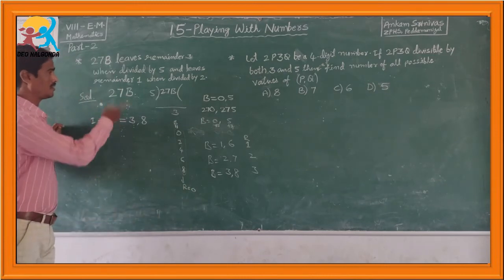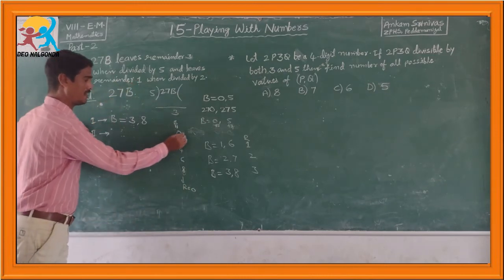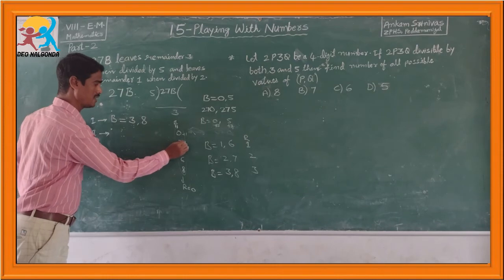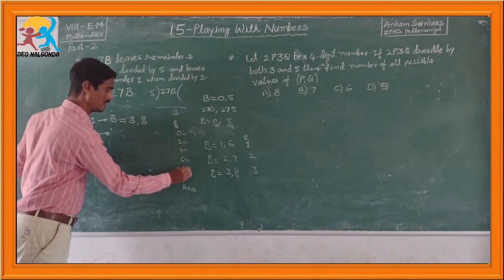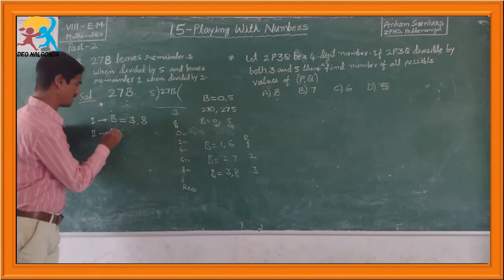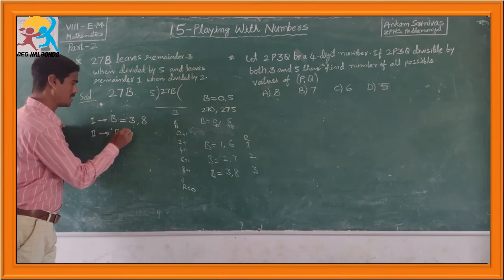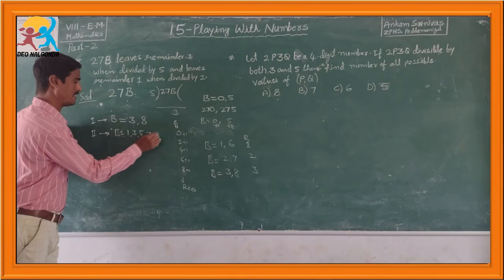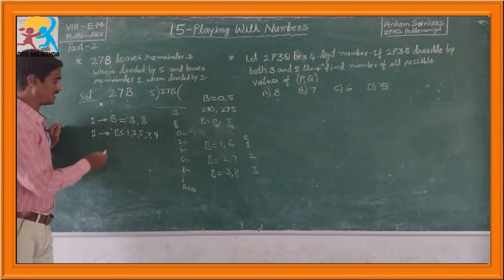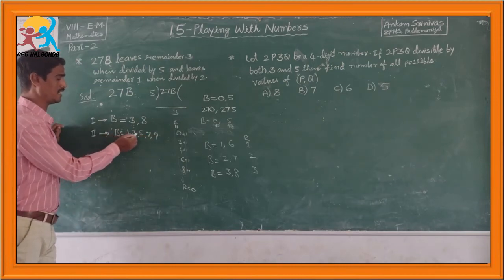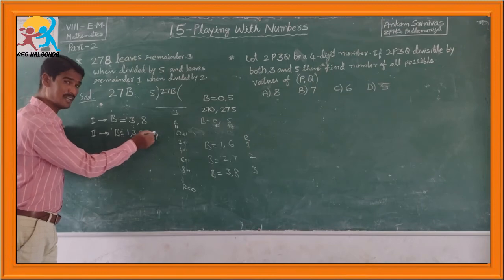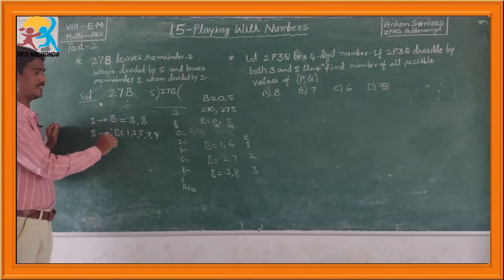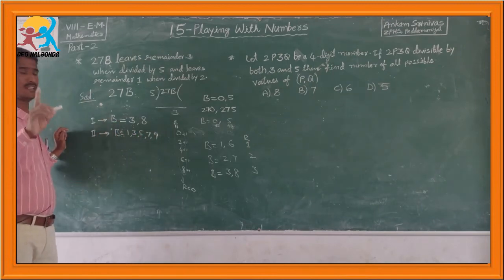So to get remainder 1, we have to add plus 1: 0 plus 1, so the b value is 1, 3, 5, 7 or 9. If I take b equal to 1, 3, 5, 7 or 9, we will always get remainder 1.